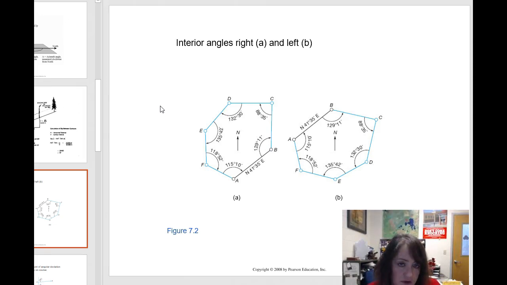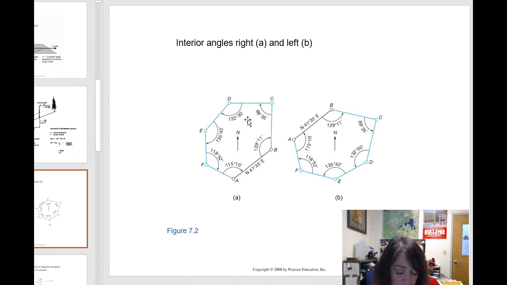Now, for any closed traverse, the sum of the angles will add up to a specific number depending on the number of sides. So if you take the number of sides of a closed traverse, you subtract 2 from that number and then multiply it by 180 degrees, that will give you the sum of the interior angles of that closed traverse.